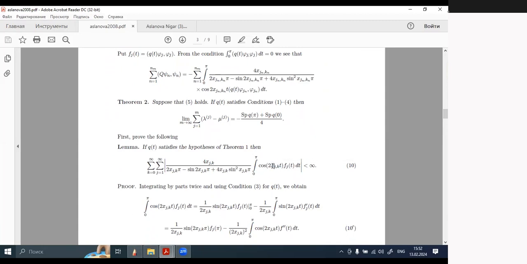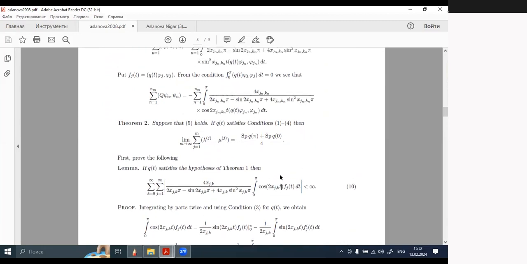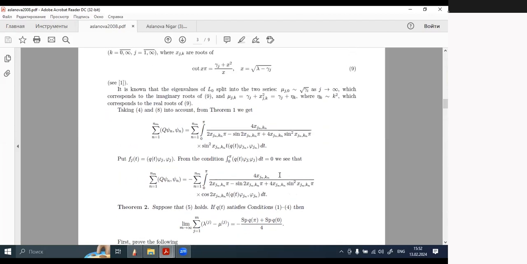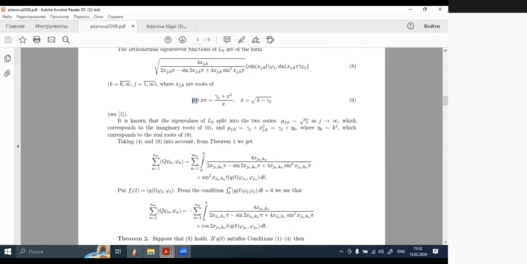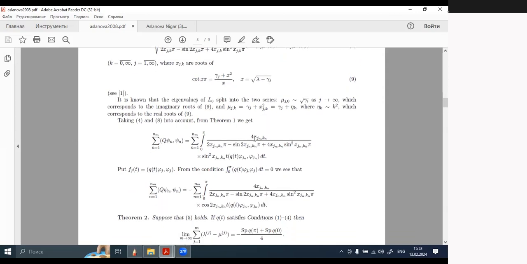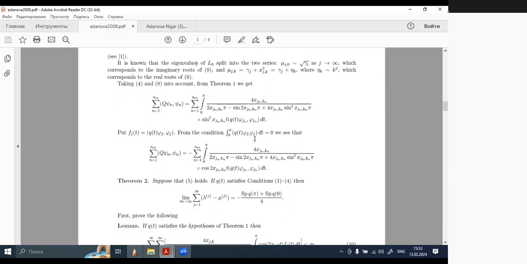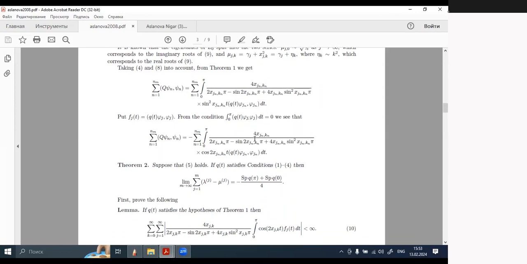But in my case, those x values are not integers. They are roots of the characteristic equation. They are not integers, just some values. Some asymptotics were also found for those equation roots. So how to evaluate it? We can't anymore rely on Fourier expansion and so on.